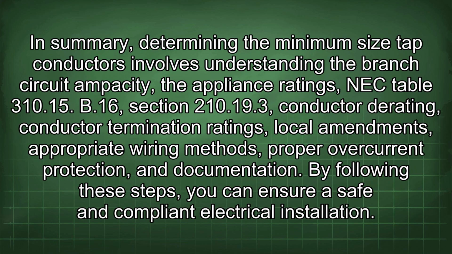In summary, determining the minimum size tap conductors involves understanding the branch circuit ampacity, the appliance ratings, NEC Table 310.15(B)(16), Section 210.19(A)(3), conductor derating, conductor termination ratings, local amendments, appropriate wiring methods, proper overcurrent protection, and documentation. By following these steps, you can ensure a safe and compliant electrical installation.